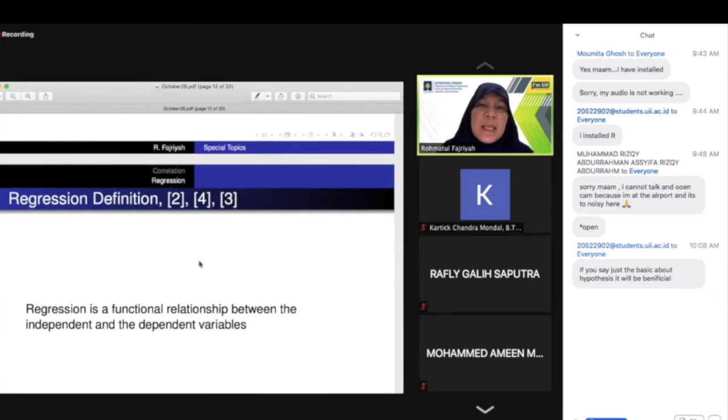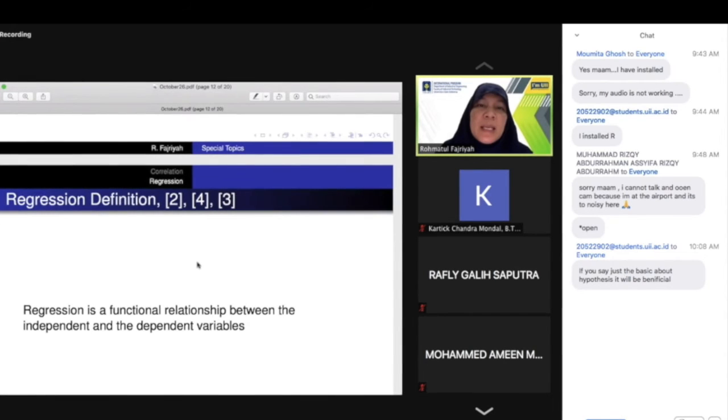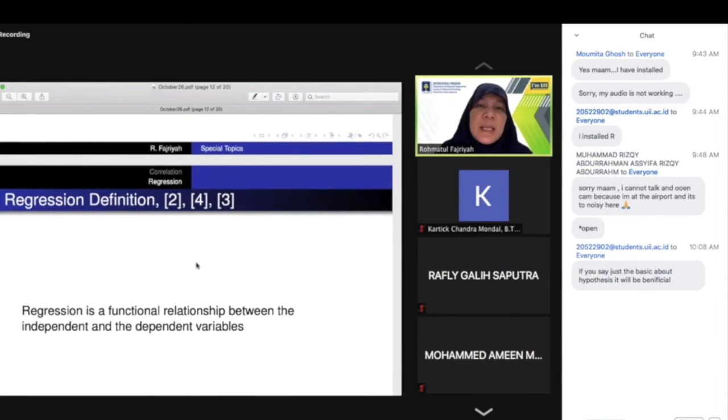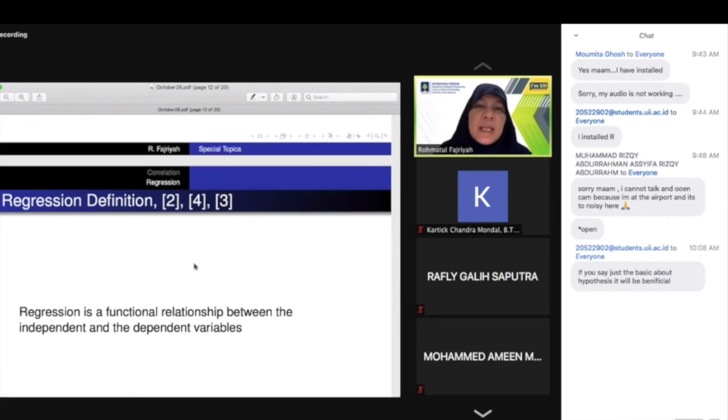If you identify it wrong, for example, it has to be the dependent variable and you say it is independent, then you are using this response as the predictor.